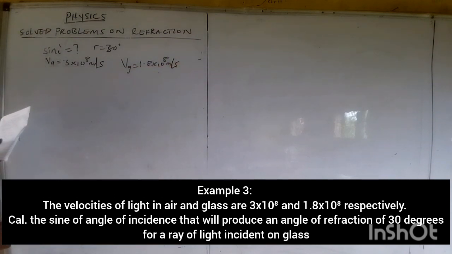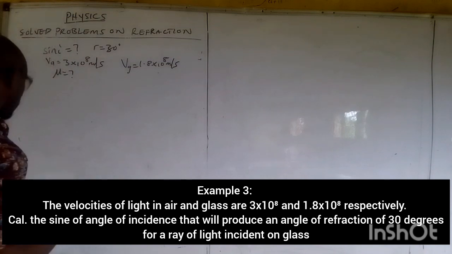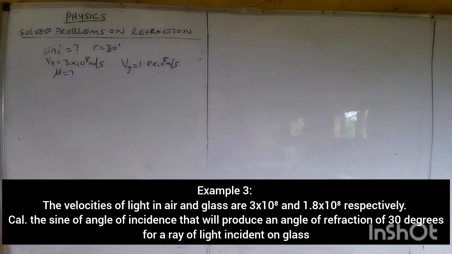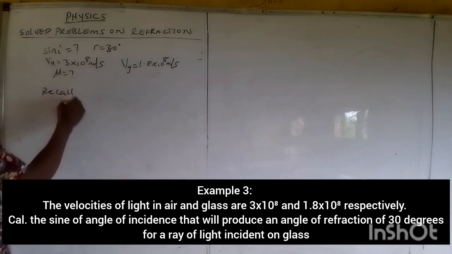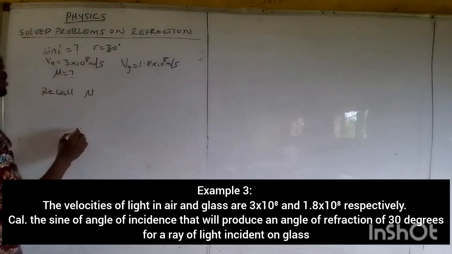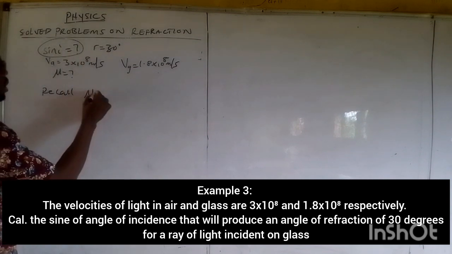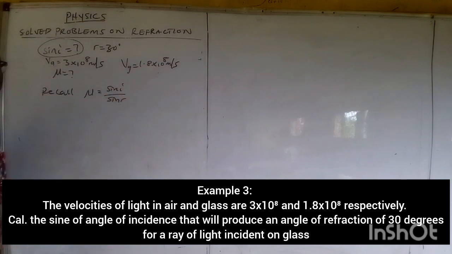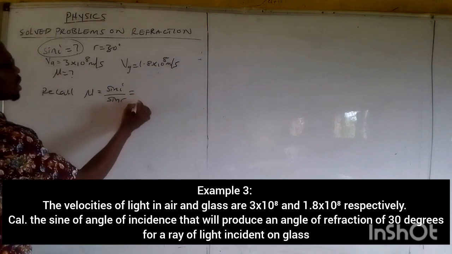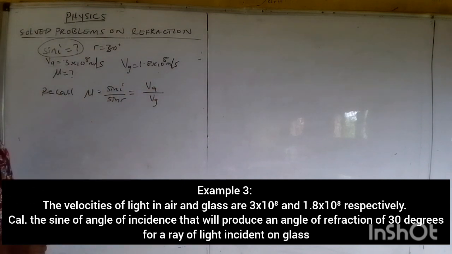So think, okay, the refractive index is not given. So recall that the refractive index is equal to sine I all over sine R. The same refractive index is equal to velocity of light in air all over velocity of light in glass.